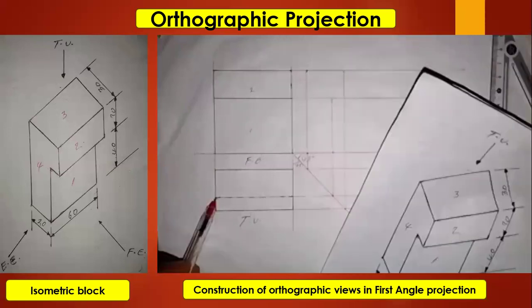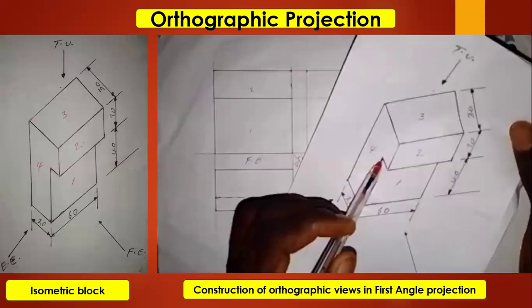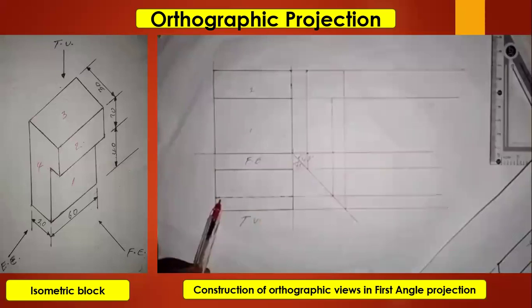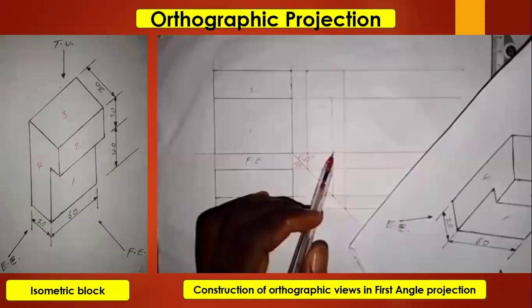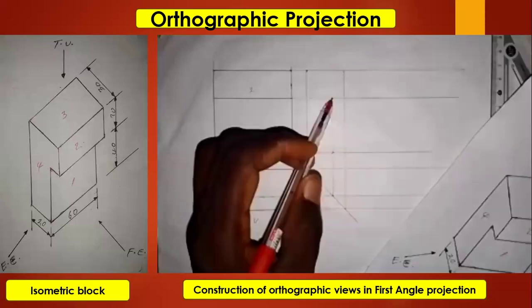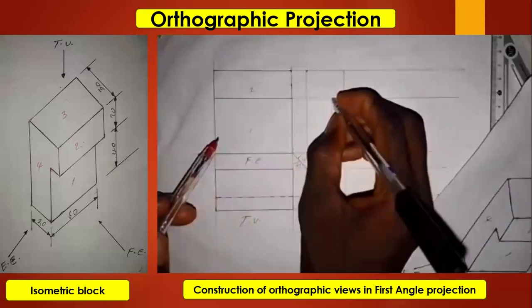If I follow this line, look at this point, same line. So we follow this line, and then we have this point here. Then we have this point and this point, that's two up. Then I follow this line, so I have to follow this point.